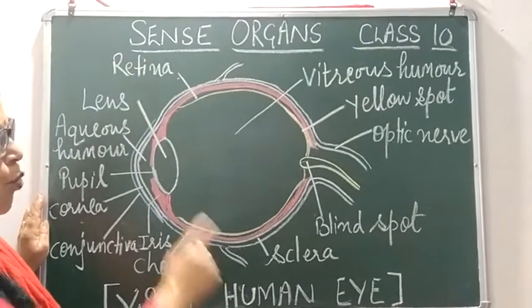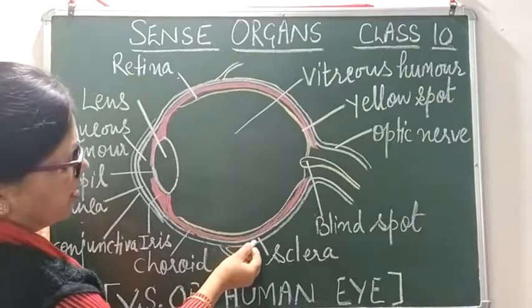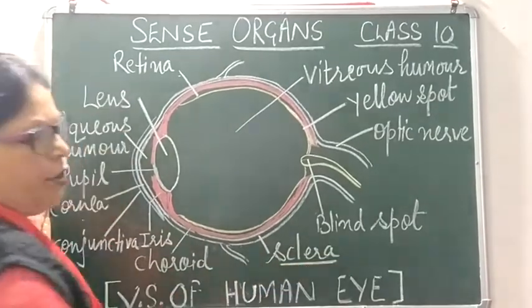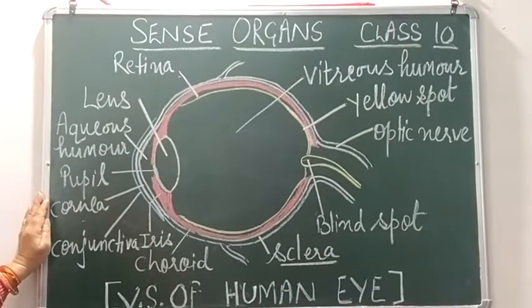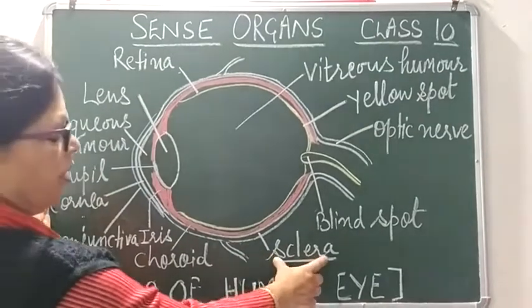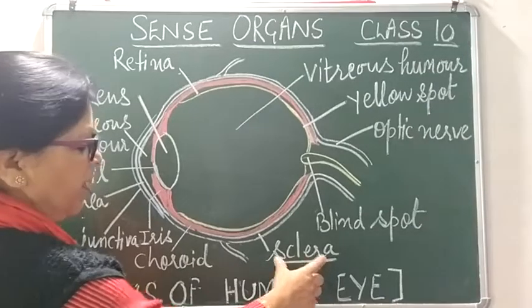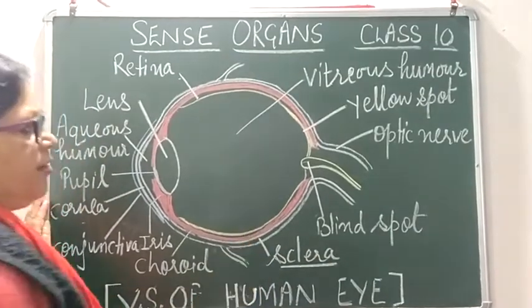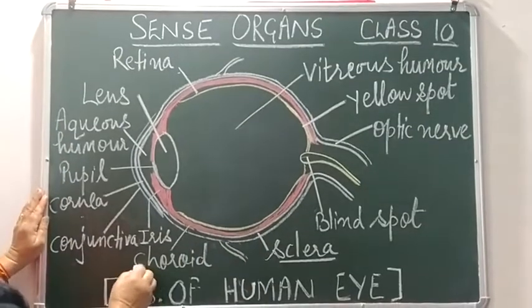What are these 3 protective membranes? The first, outermost membrane is called sclera or sclerotic layer. The outermost layer, sclera, is white in color. Then the second layer is called choroid.